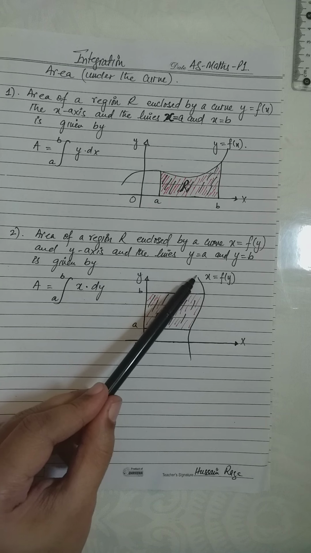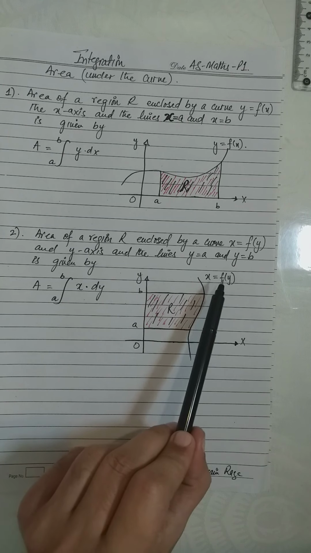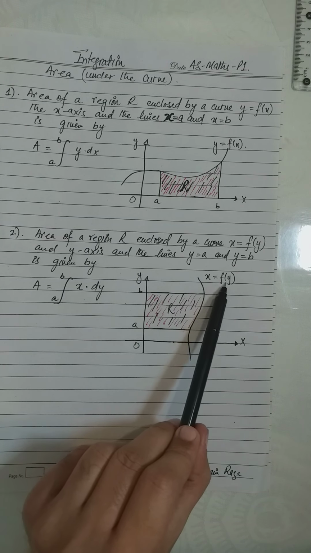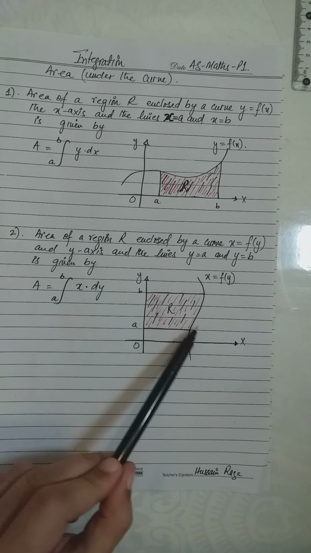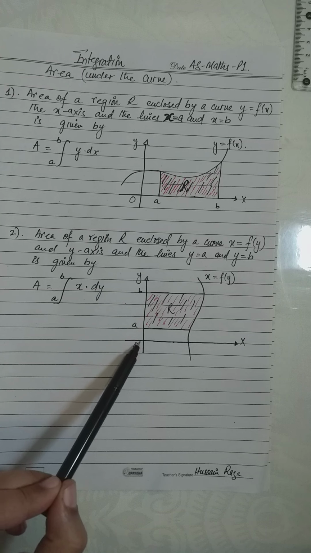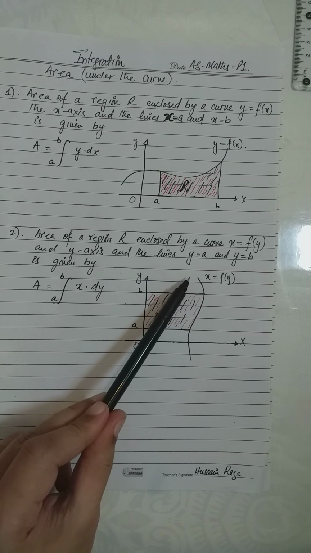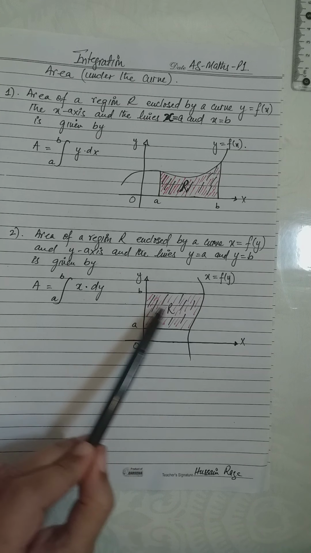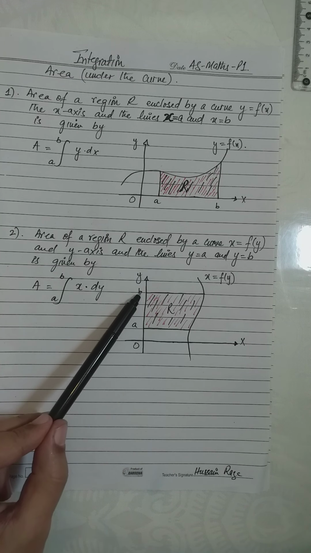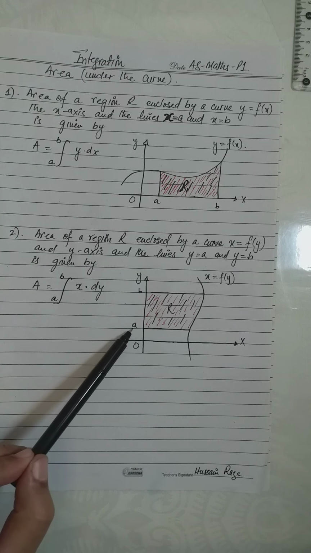So that's the equation, which is going to be x is equal to a function of y, with the limits applied along the y-axis, since the area is bounded by the curve and the y-axis, with the higher value as the upper limit and the lower value as the lower limit.